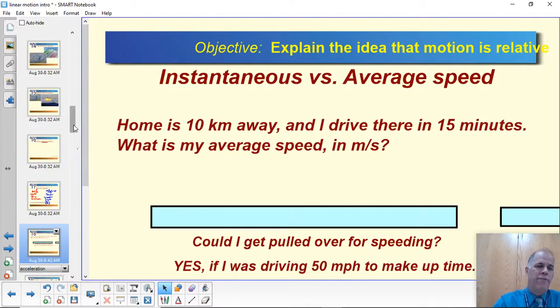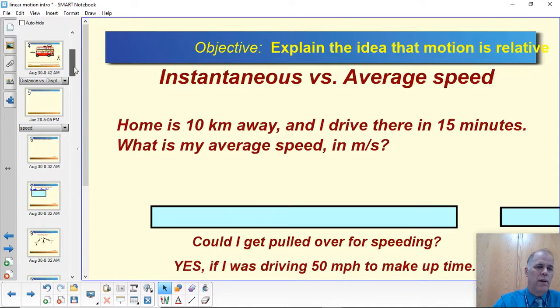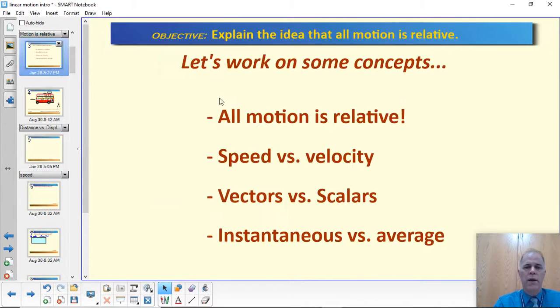Okay, that's enough for one day. What did we cover today? We looked at, let's see, here it is. We got this idea that all motion is relative, which is fundamental to physics. We distinguished between speed versus velocity, and we used that to lead into the concept of vectors versus scalars.